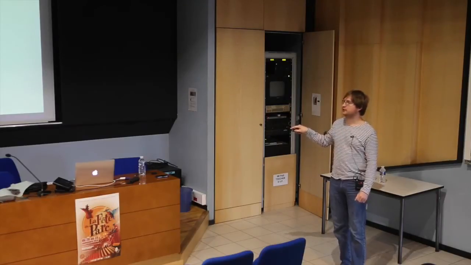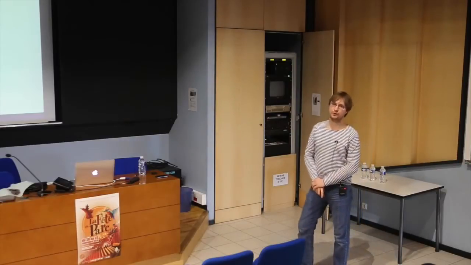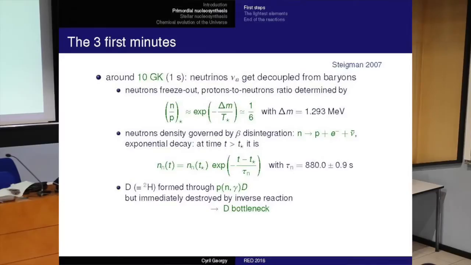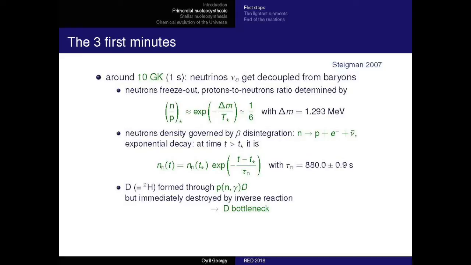Before that, you cannot build deuterium, or only in a very, very small amount, because the photons are still so energetic that they instantaneously photodisintegrate your deuterium. So your protons and neutrons will produce a deuterium nucleus that will be instantaneously broken up by the photons and so on.